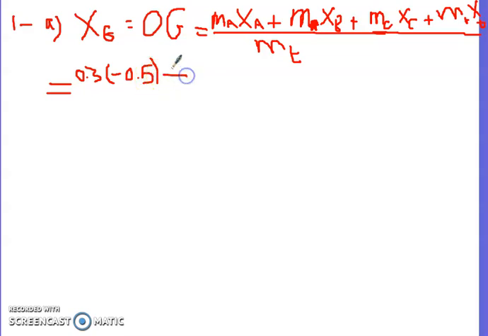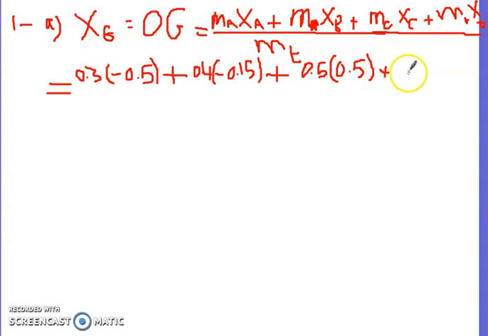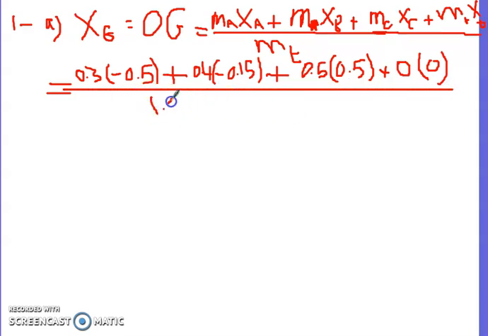The abscissa of A is negative, plus the mass of C, 0.4, and it has a negative abscissa, minus 15 centimeter or minus 0.15 meter, plus the mass of B, 0.5 kilogram, and the abscissa of B is positive, meaning 50 centimeter or 0.5 meter, plus, here is the question, the mass of the rod is 0 because the rod has negligible mass, and the abscissa is also 0 because it is at O, over the total mass, which is 1.2.